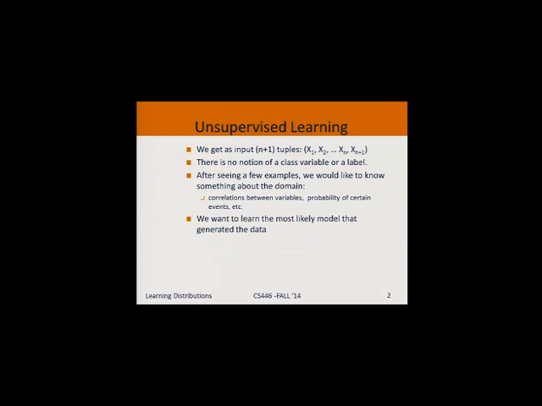So this is the game we're playing now. We're thinking about unsupervised learning. Given data, think about it as just like what I did at the end of last time, n plus 1 tuples. I don't have a notion of a class label, at least not a prior notion of a class label.